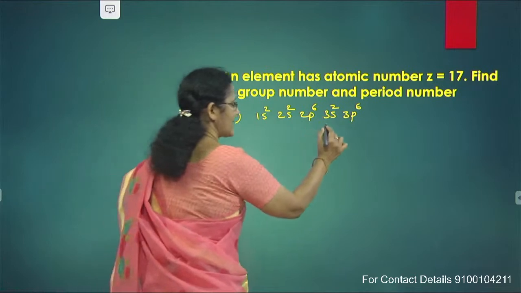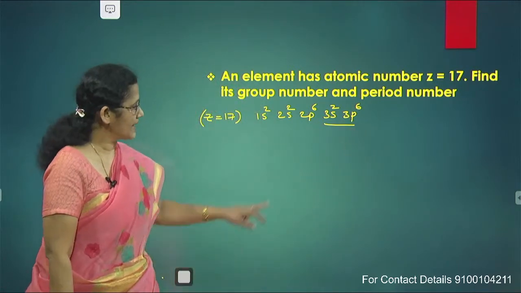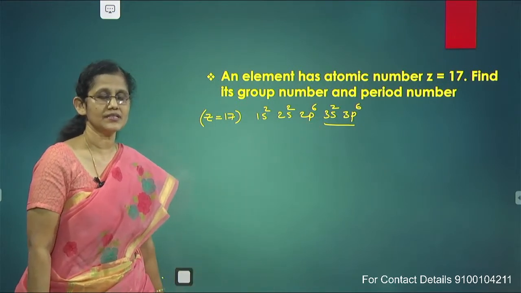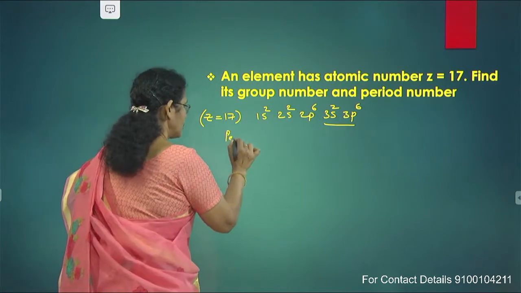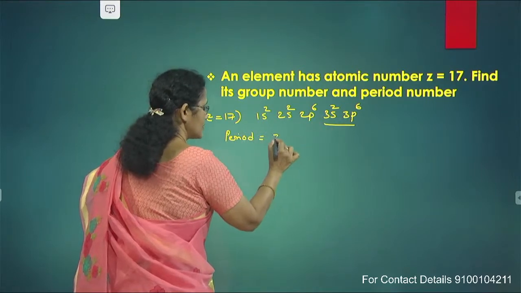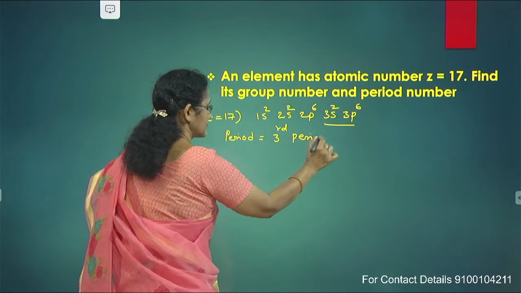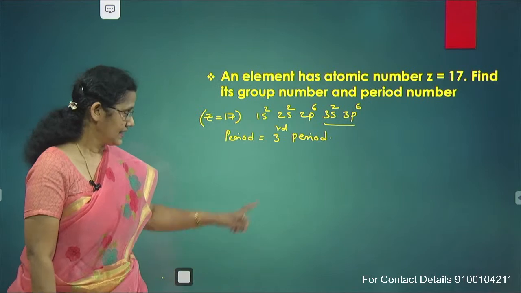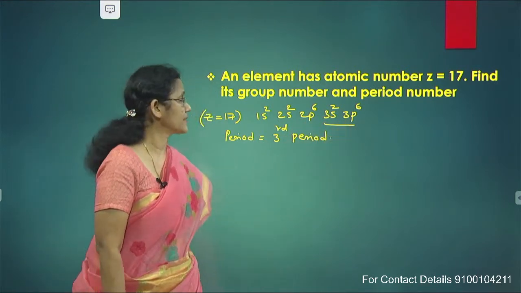How to know the period number? Last shell, maximum value of n, right. Here n is equal to 3, so this should be in the third period. How to know the group number? He has given 3s2, 3p5, that means it belongs to the p block.